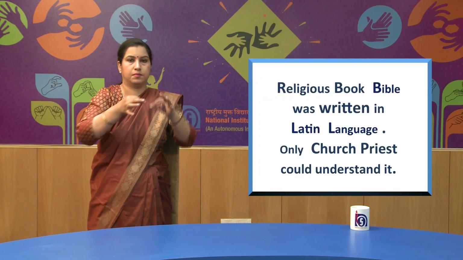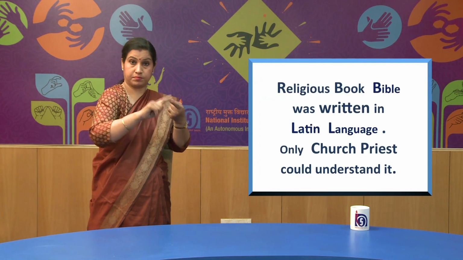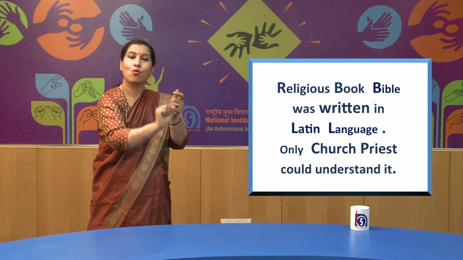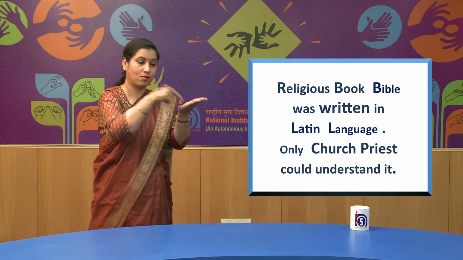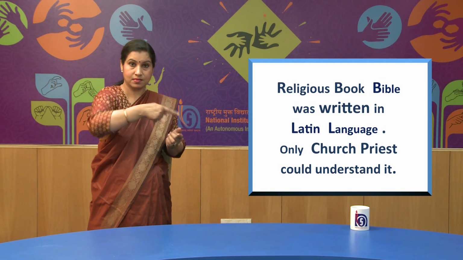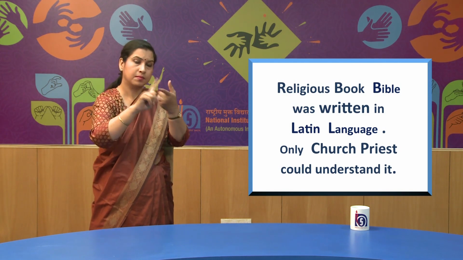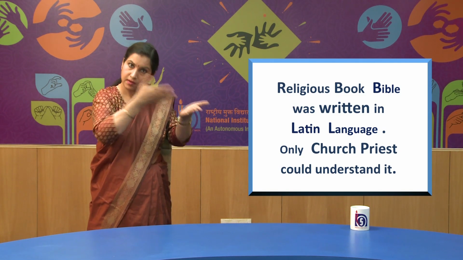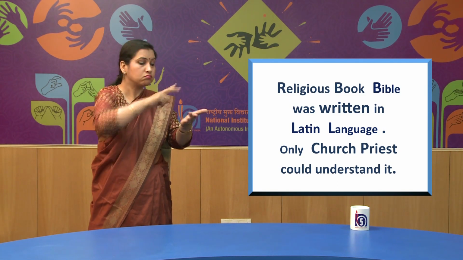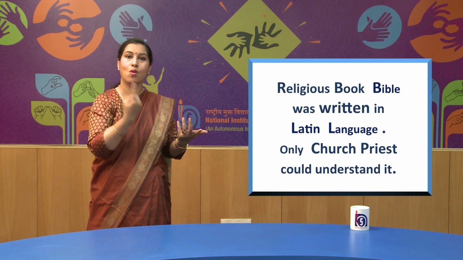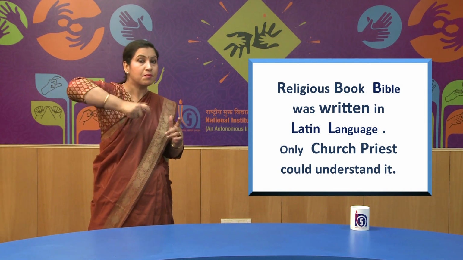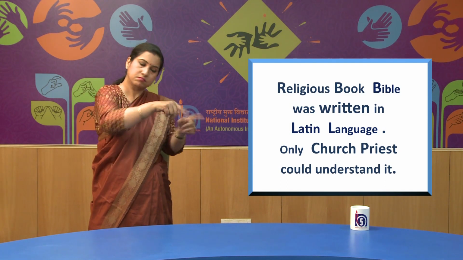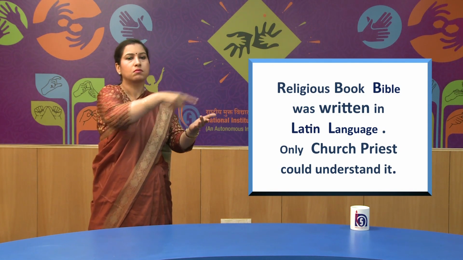For example, in Europe, the religious book of Christians, which is known as the Bible, was written in Latin language, and only the people in the church could understand it. They interpreted it according to their wish.